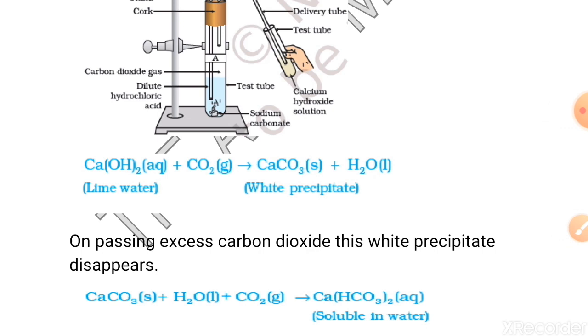That is because of the formation of calcium hydrogen carbonate, which is soluble in water. We will write the reaction like this: CaCO3 plus water plus CO2 gives calcium hydrogen carbonate, whose formula is Ca(HCO3)2, and it is soluble in water.